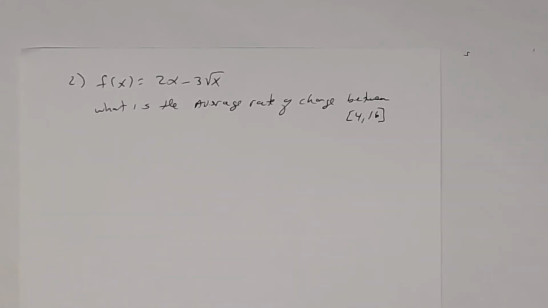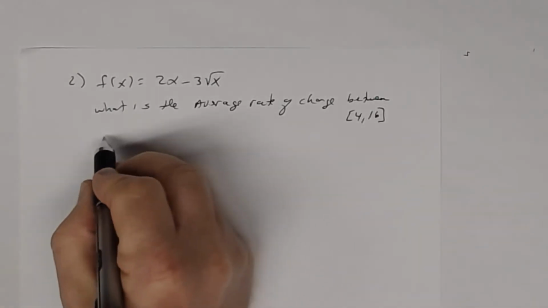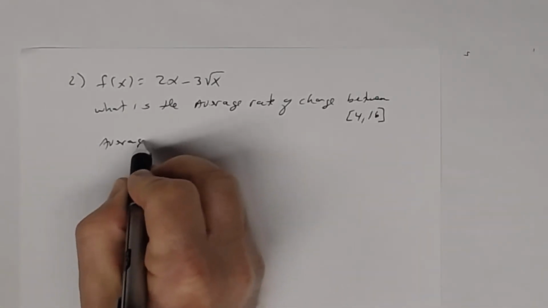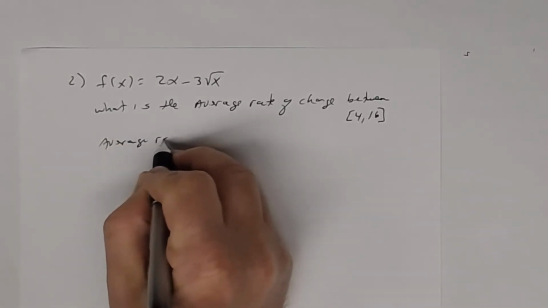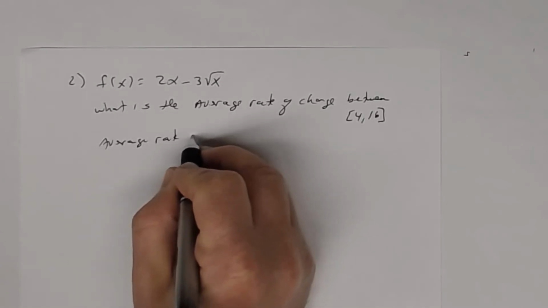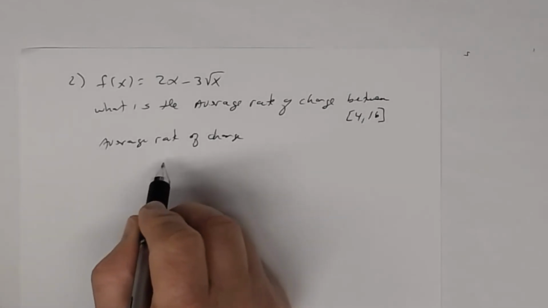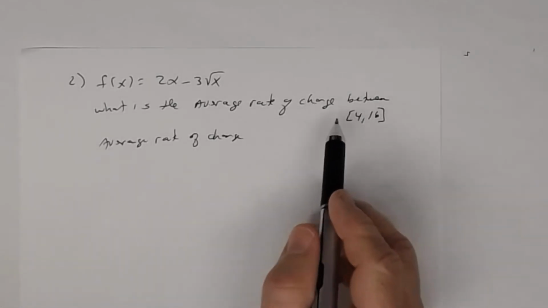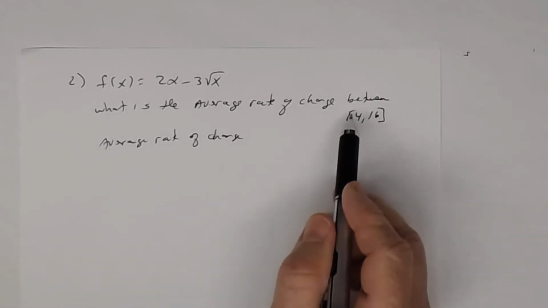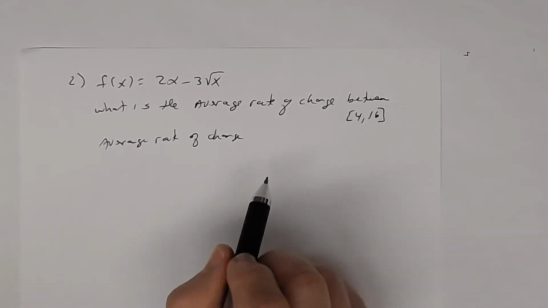That's the question. All right, so to find the average rate of change, when you're given the function, here's what you're going to do. Average rate of change. So remember, the average rate of change corresponds to the slope between x equals 4 and x equals 16.